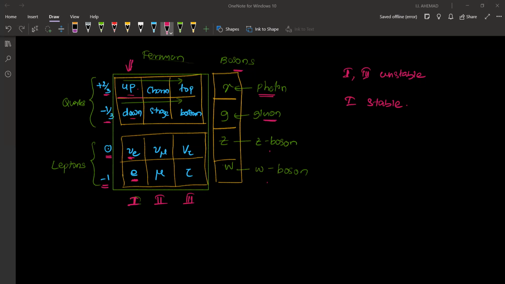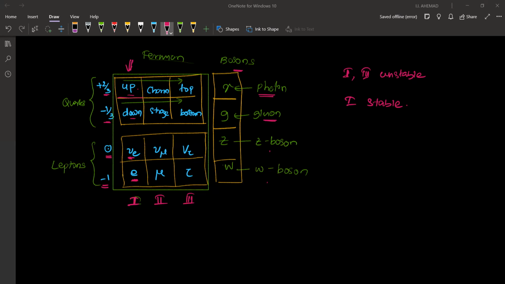Composite elements formed by strong interaction of forces between quarks are called hadrons. So hadrons mean now these quarks are going to combine among themselves, right? Especially these up and down quarks, they will combine to form some other particle.